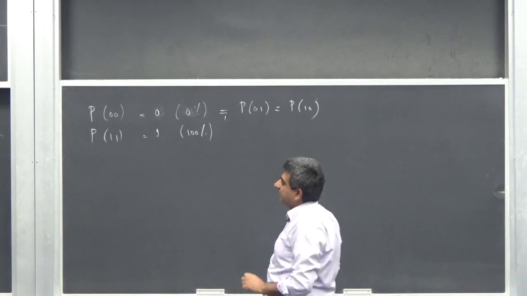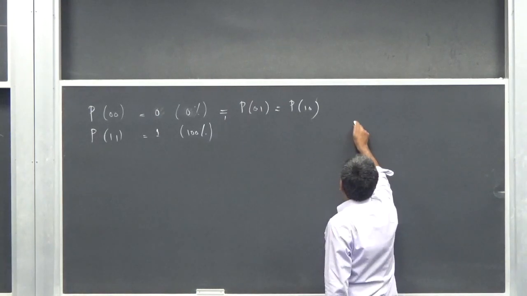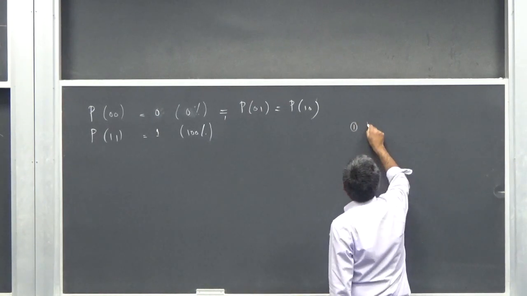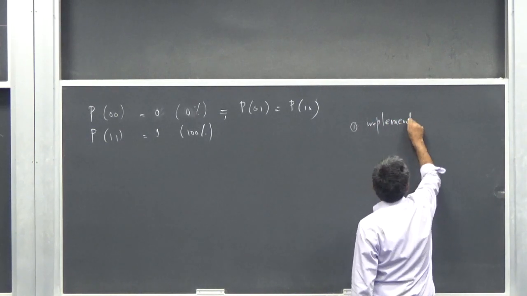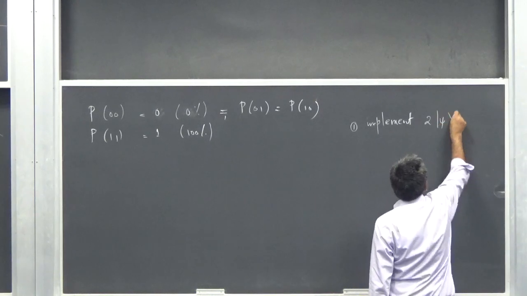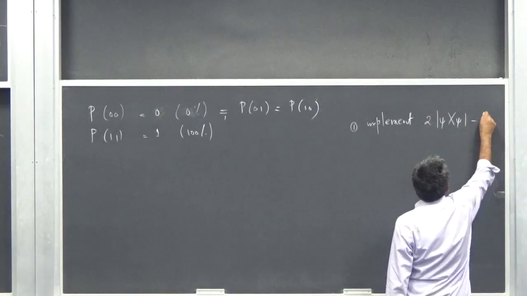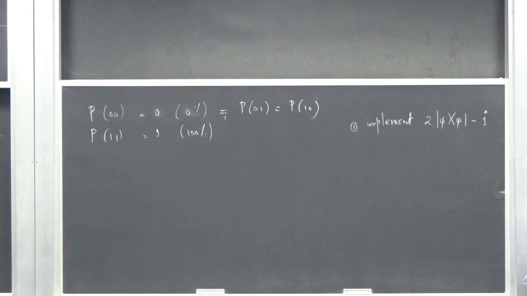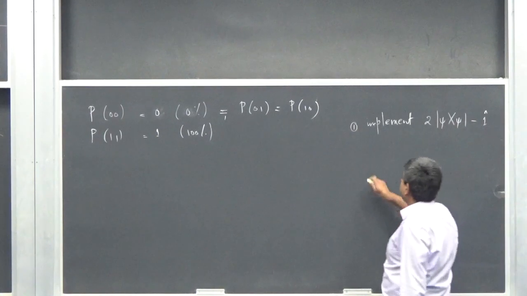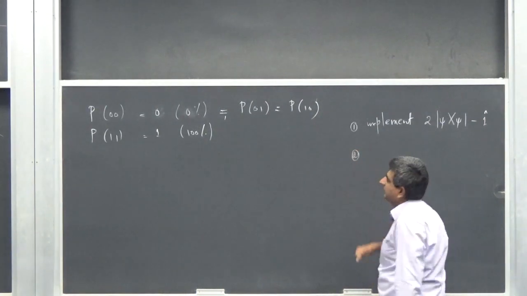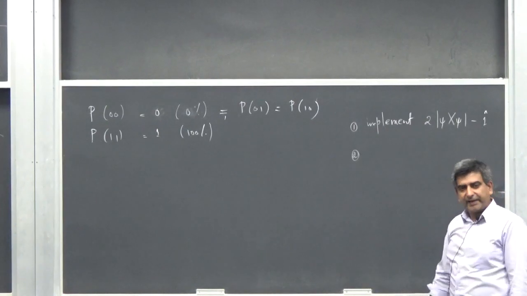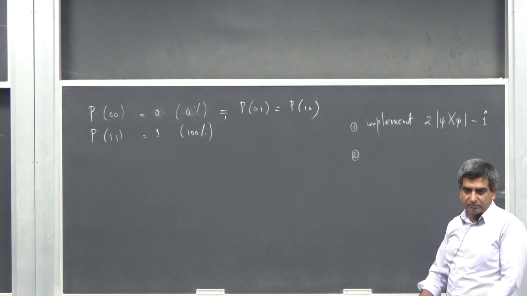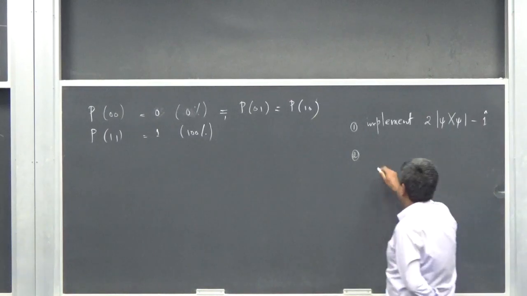Now there are 2 questions that remain. The first question that remains is, how do we implement this, right? So what kind of circuit do we need to build? The second question I would say is, if the number of qubits is larger, can I still find the solution in one go? So how many iterations are needed?